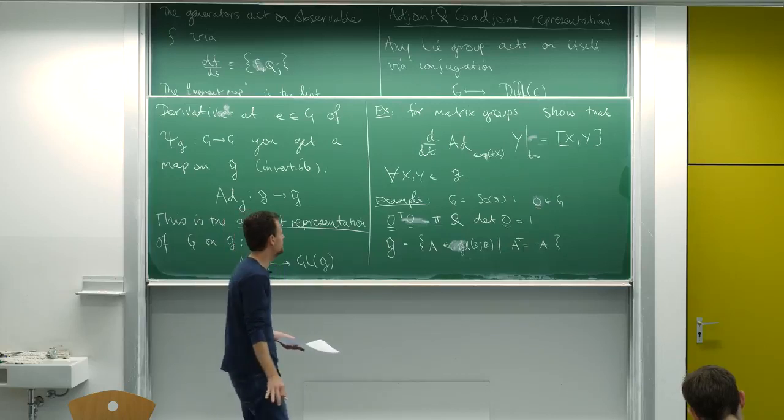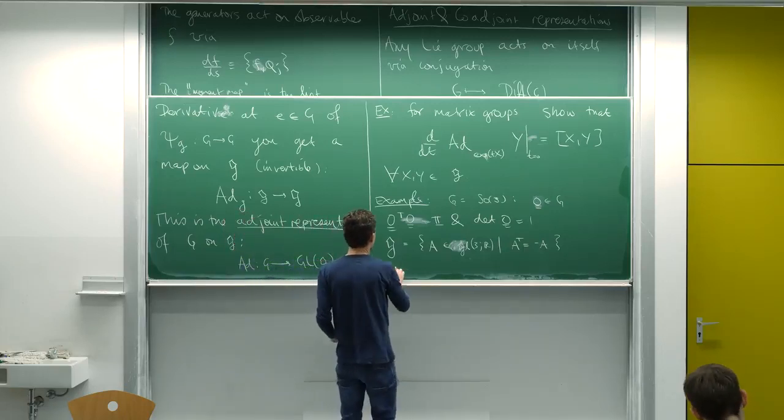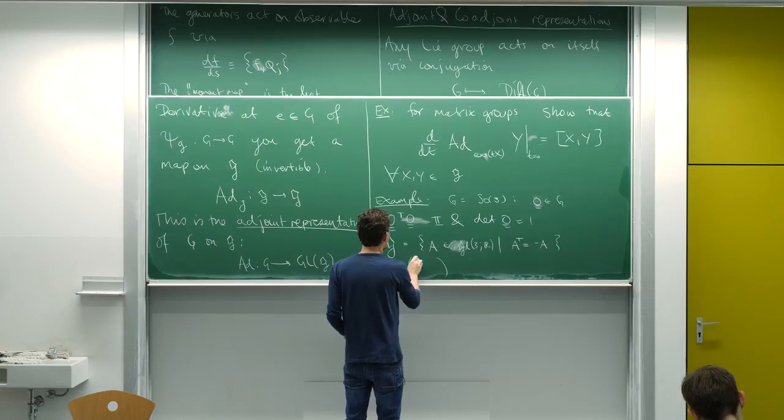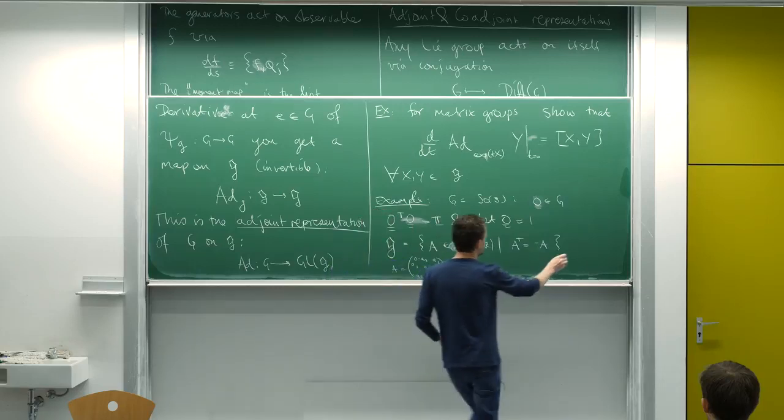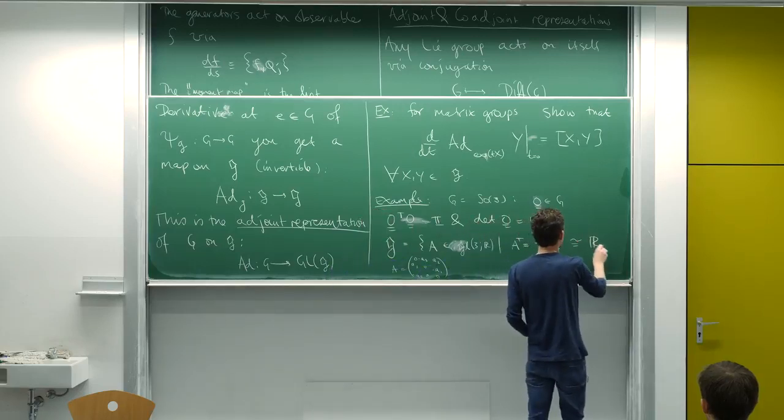And there's only 3 such matrices, right? So an arbitrary skew symmetric 3 by 3 matrix looks like this. It takes 3 numbers, so you can actually identify it with R3.